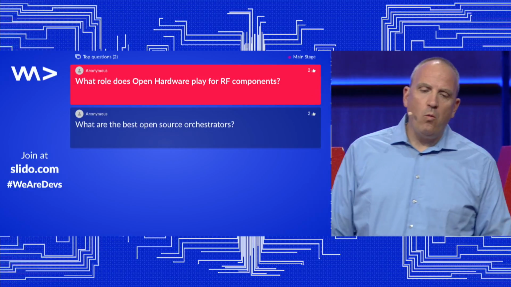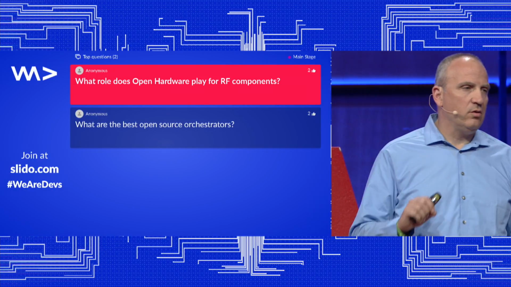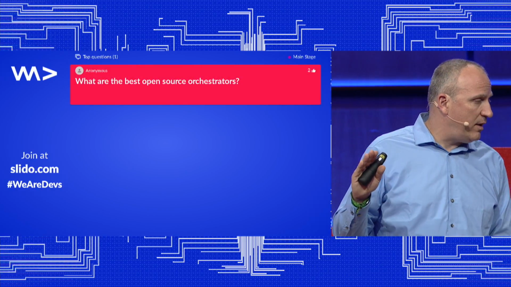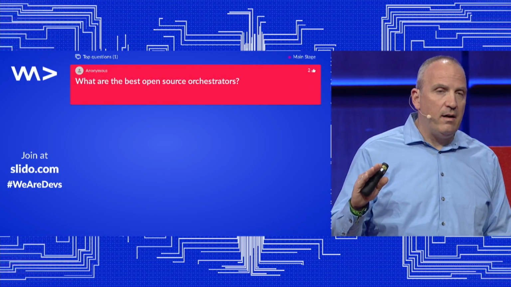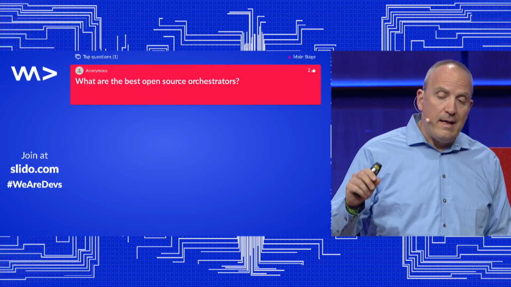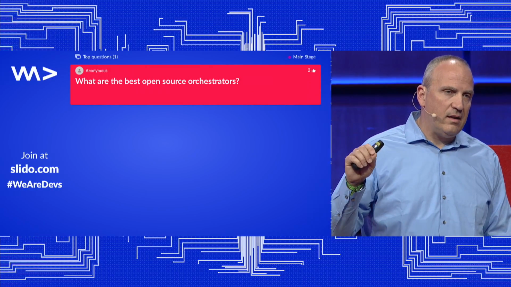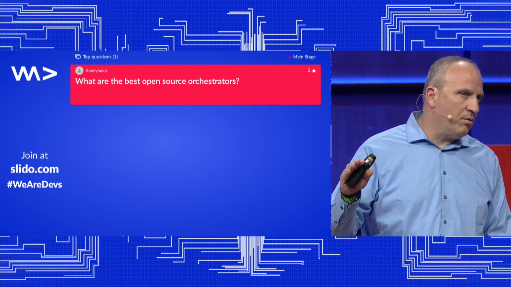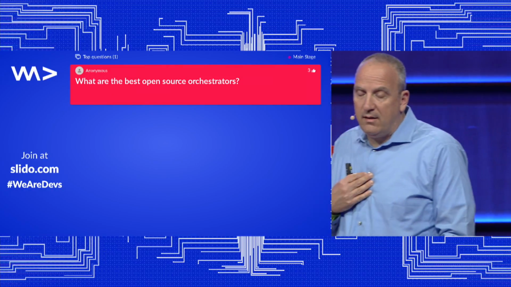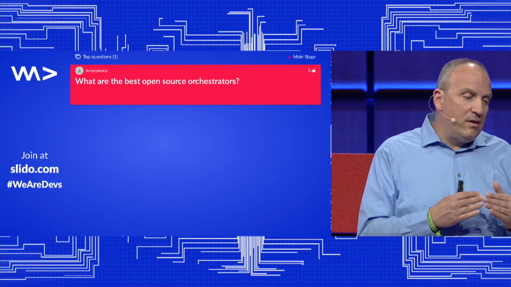What are the best open source orchestrators? So the best, in my opinion, there's a bunch of orchestrators. Most of them are proprietary by some orchestration vendor. The open source orchestrators that exist today are ONAP and OSM, and I'm clearly biased. I wouldn't even call it best.